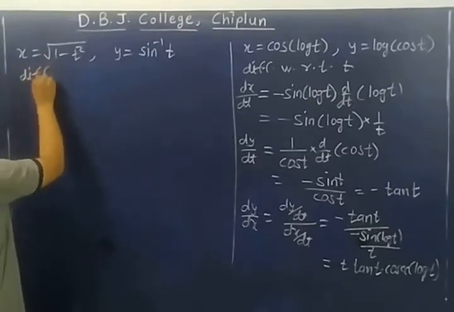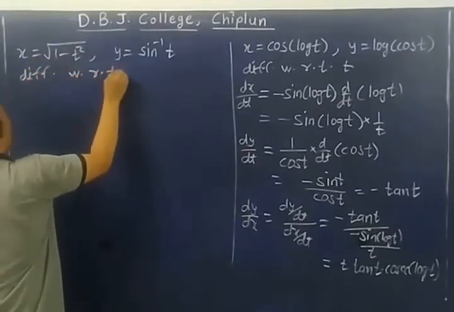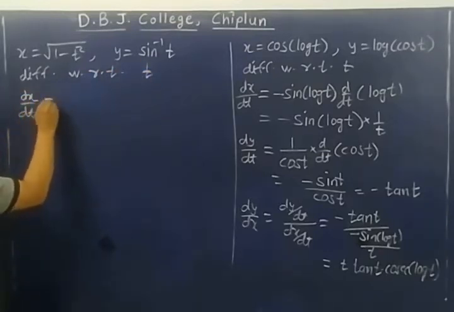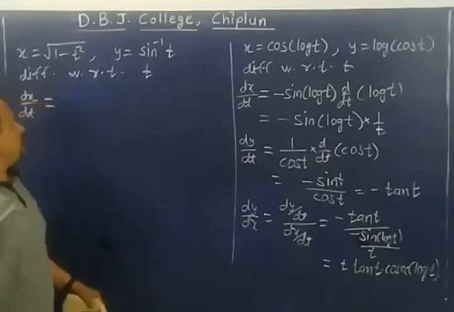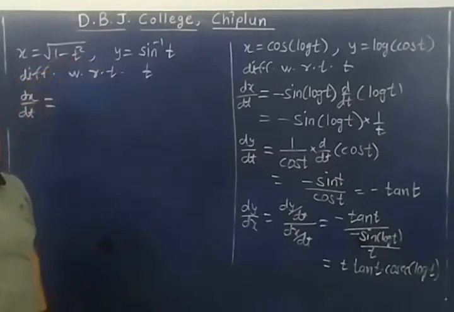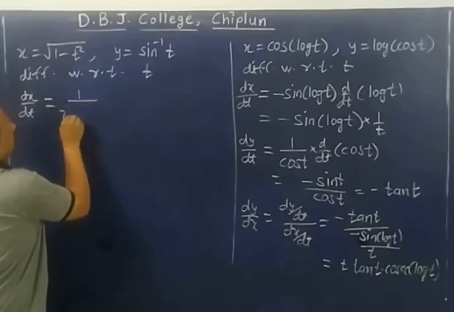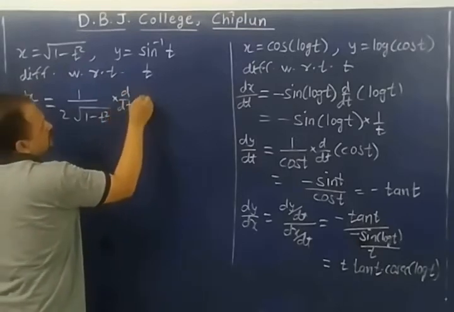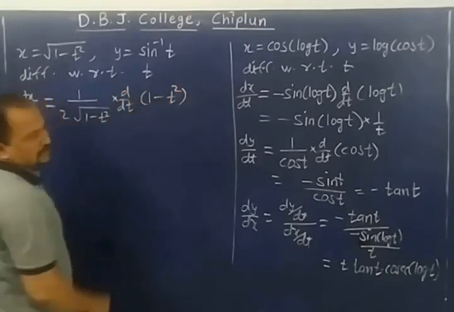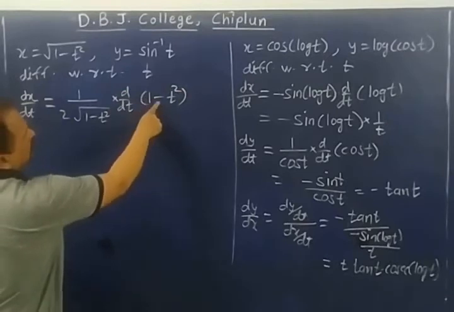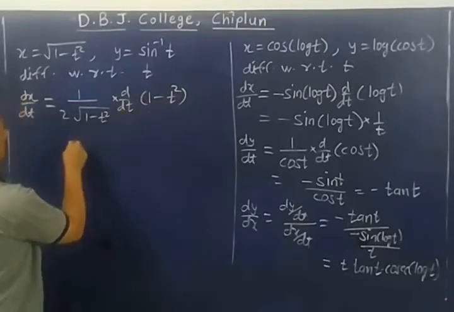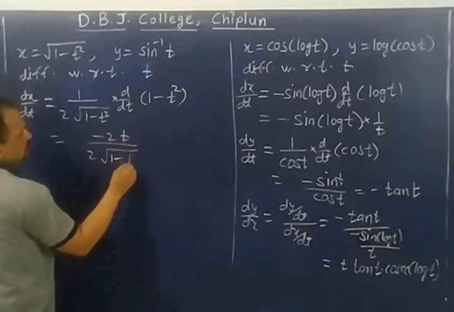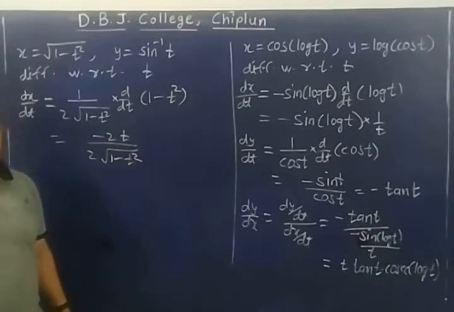Differentiating with respect to t, dx by dt is equal to square root bracket, derivative of square root bracket is 1 upon 2 root bracket into derivative of bracket. Derivative of 1 is 0, derivative of t square is 2t. So minus 2t upon 2 under root 1 minus t square is dx by dt.